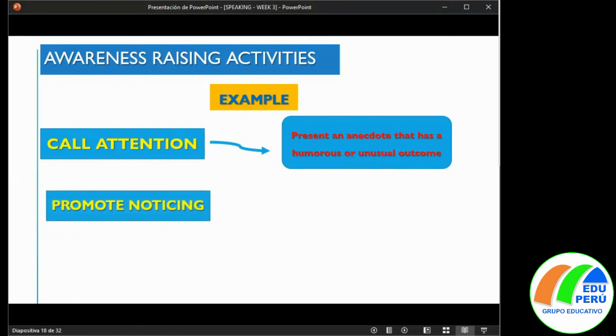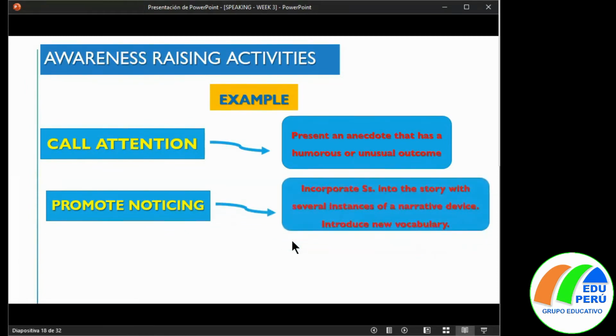Now, to promote noticing, incorporate students into the story with several instances of a narrative device. And here you introduce new vocabulary.